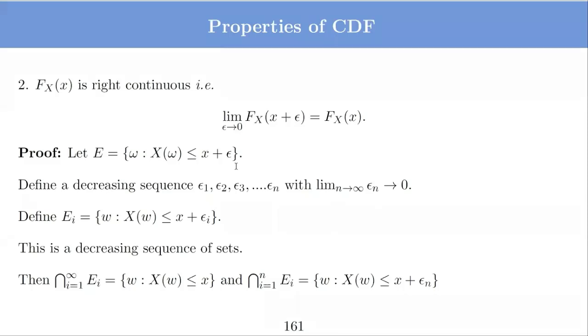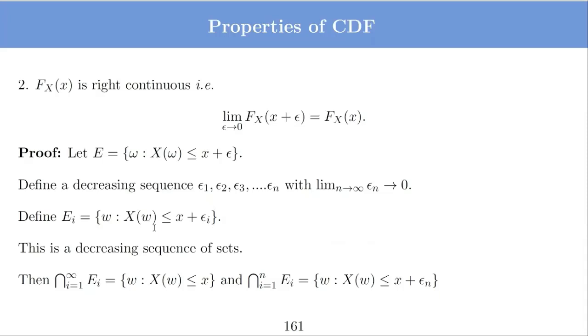From each element epsilon i, let us define one set E_i, which is made from all omega such that X(omega) is less than or equal to x plus epsilon i. So these are the E_i's. The E_i's are the pre-image of the set (minus infinity, x plus epsilon i].